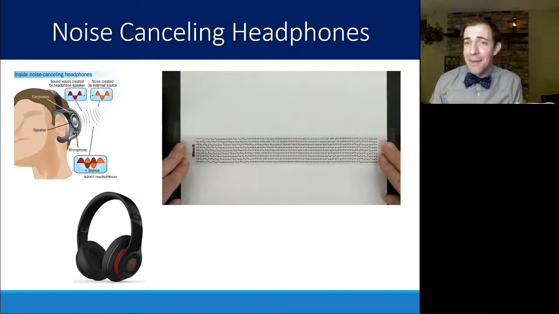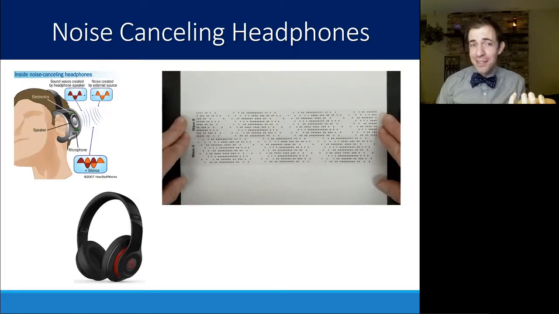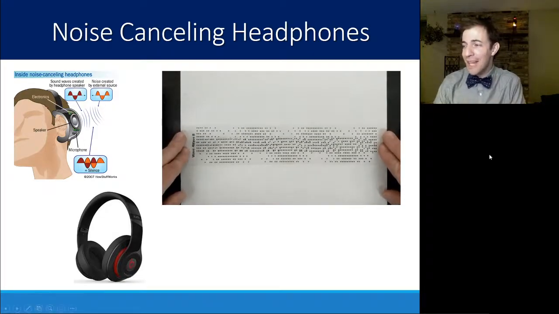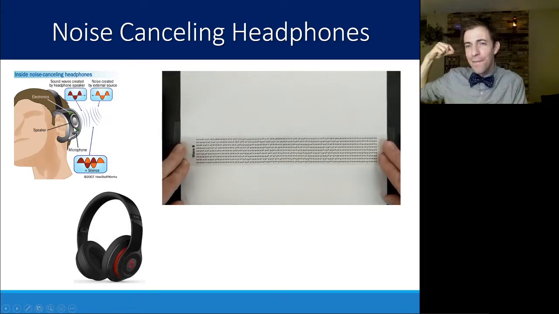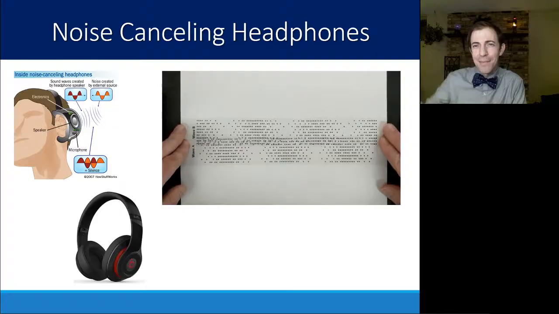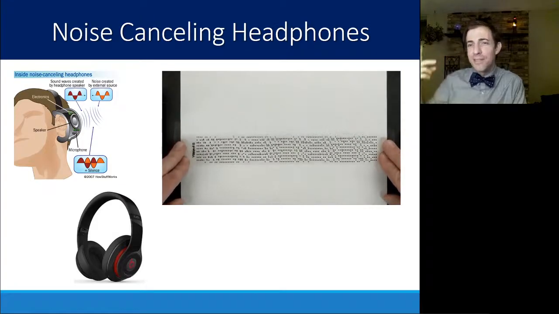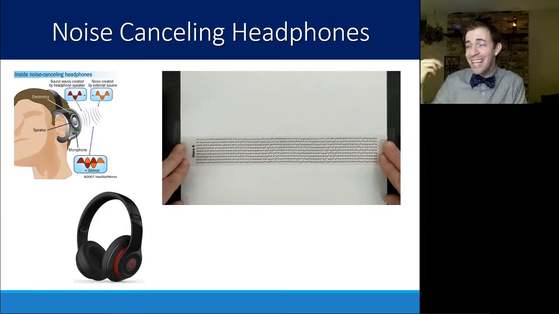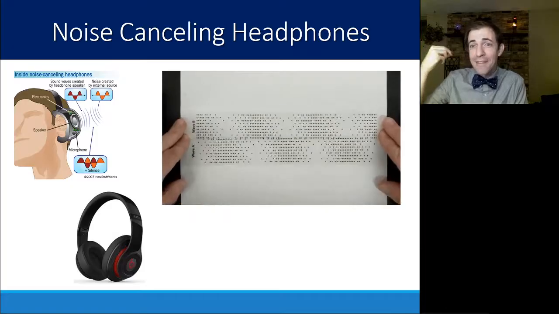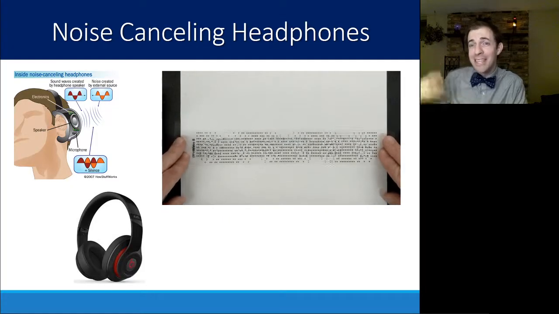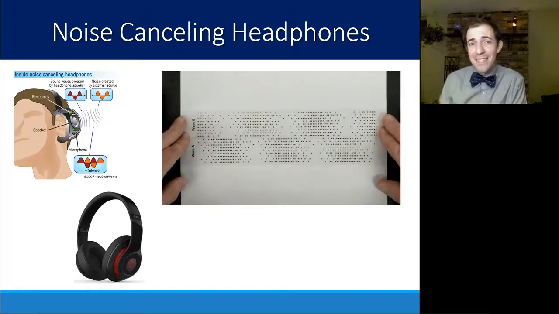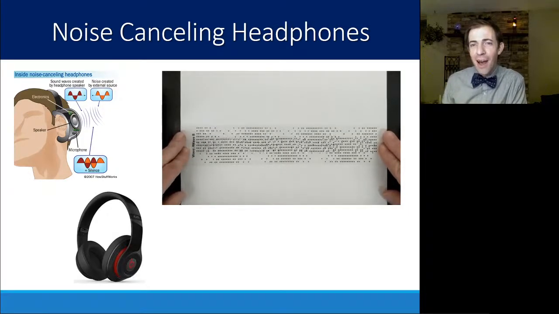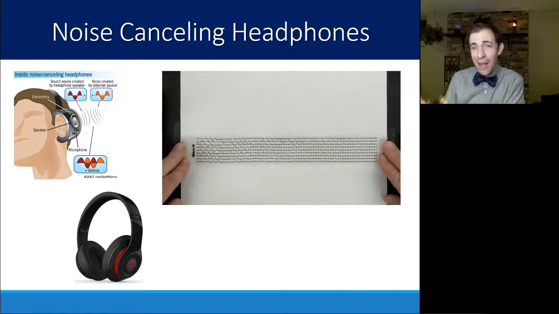The other type is called active noise cancellation. In active noise cancellation, there's actually a microphone in there that senses the sound around you, the ambient noise, and then shifts the wave and sends in a second sound signal on top of the music that you're trying to listen to. This shifted wave is exactly 1/2 of a wavelength away from what it was.